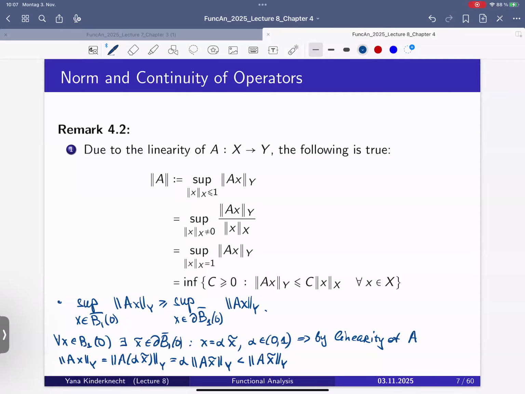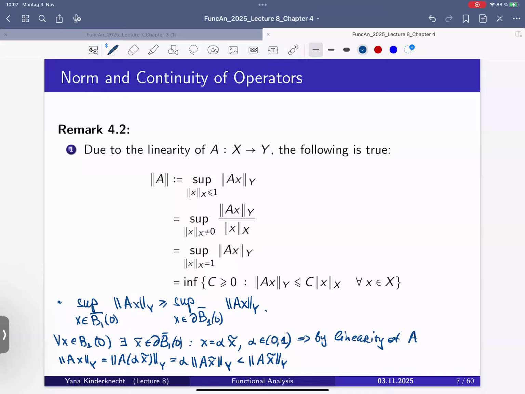And hence we see that the supremum over this set is actually the same as the supremum over this smaller set. Yeah, and do you agree, or should I write down something more?